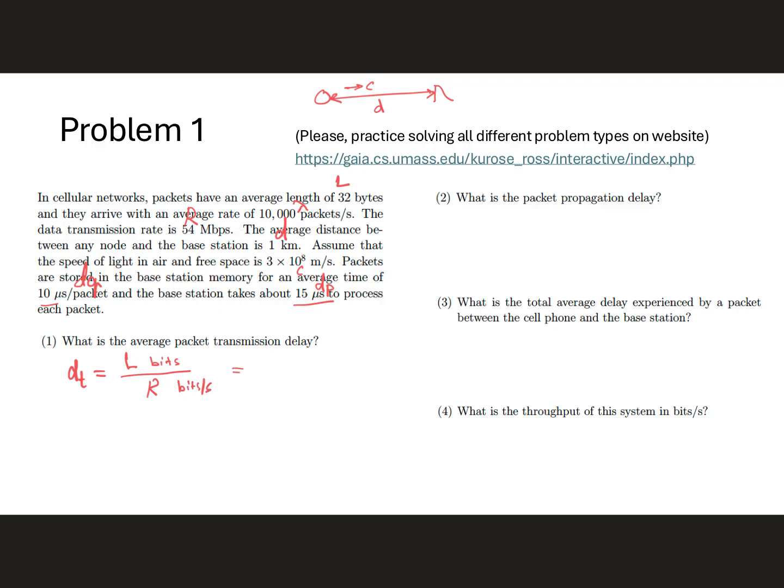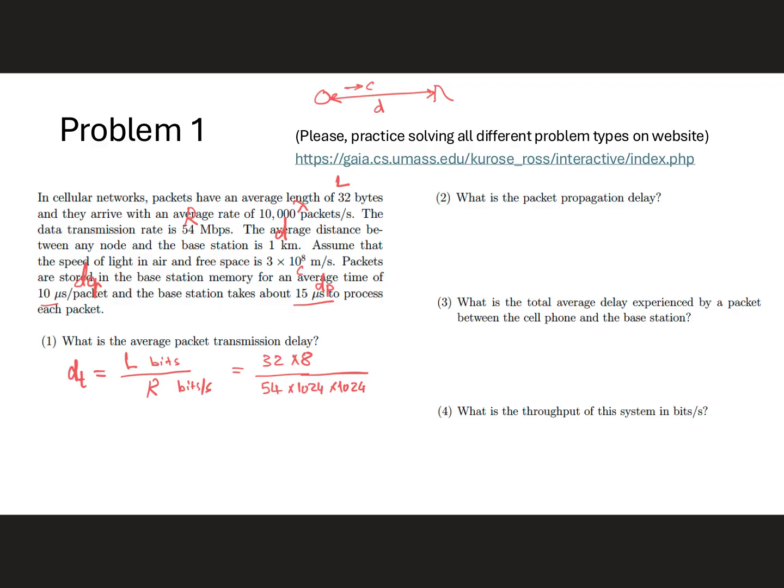So that is equal to 32 times 8, that's the packet length in bits, divided by the transmission rate, which is 54 mega, so times 1024 times 1024 megabits per second, okay? And in this case, you can calculate the values, okay?